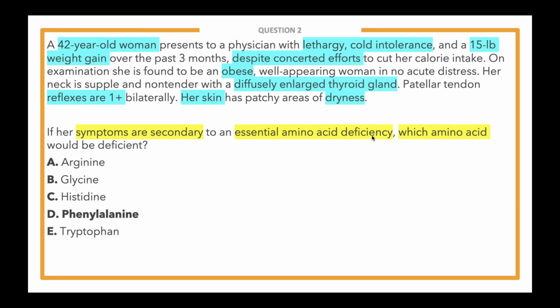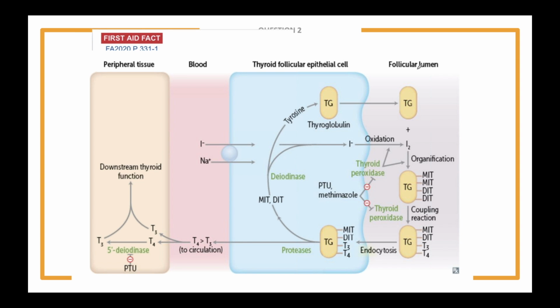As we talked about, phenylalanine is a precursor to tyrosine, which is needed to make thyroid hormone.